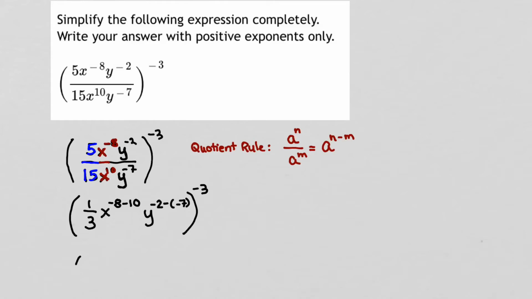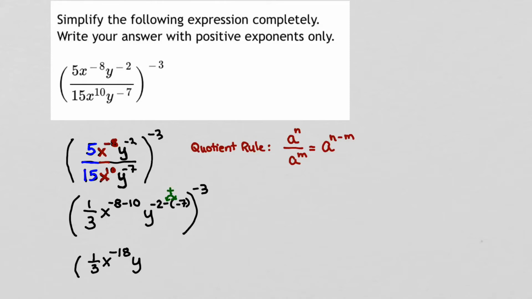Okay, so what does that simplify down to? Well, that gives me 1/3 x raised to the negative 18 power, y raised to the, let's do a little bit of math here with our positives and negatives. Remember, negative back to back actually means positive.